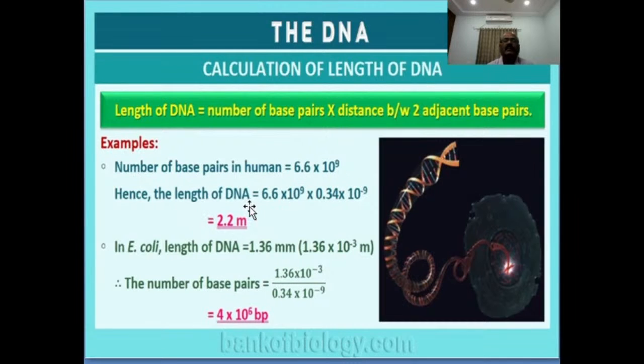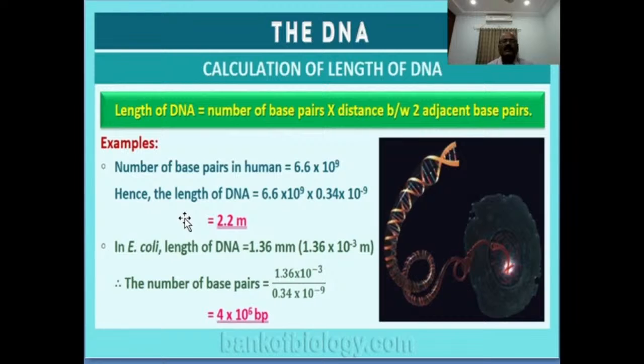Hence, the length of DNA is 6.6 into 10 to the power of 9 into 0.34 into 10 to the power of minus 9. So, 2.2 meters. That means in each cell of a human being, the DNA length is approximately 2.2 meters.